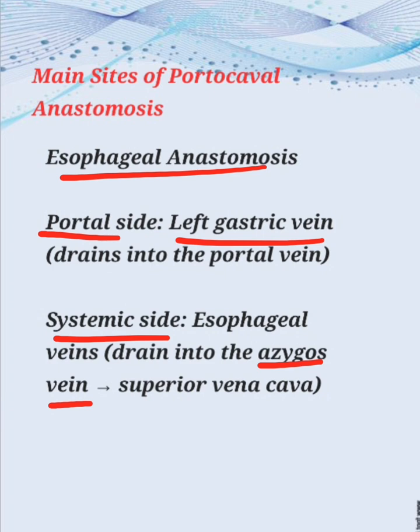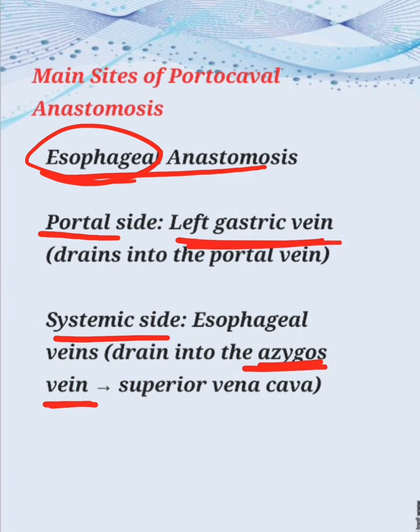These two veins anastomose at the end of the esophagus, which is referred to as the esophageal anastomosis.